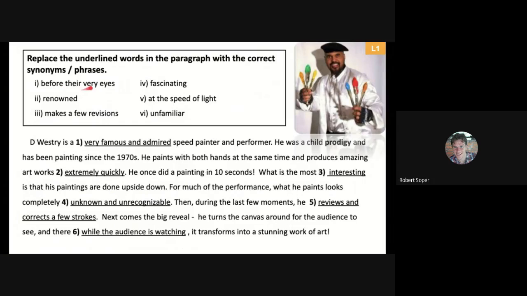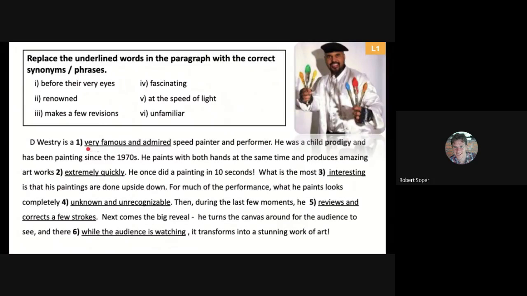And we have before their very eyes, renowned, make a few revisions, fascinating, at the speed of light, and unfamiliar. Now, these are all synonyms and phrases for the words down here, which are underlined.